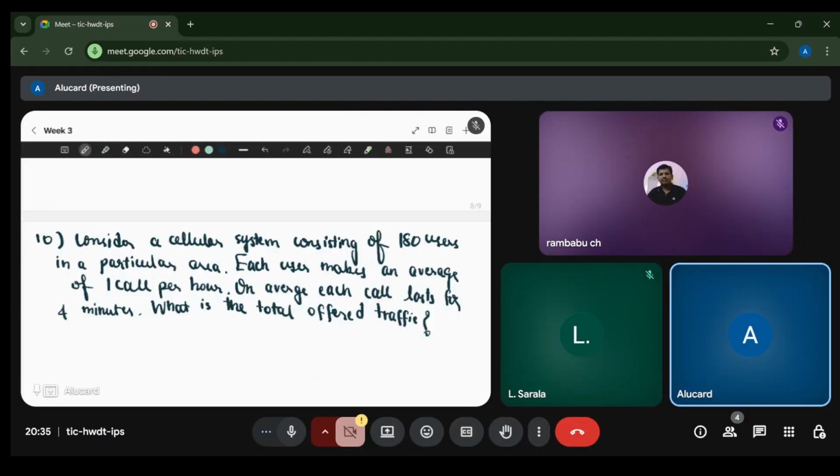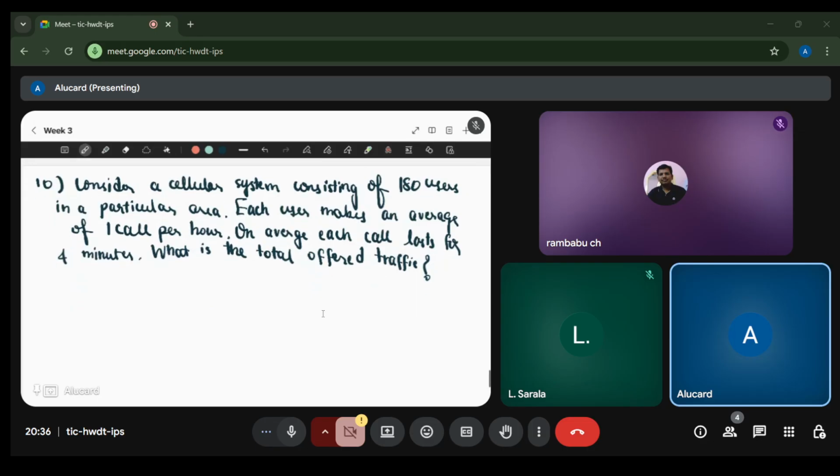Okay, you are solving question 10. Solution is very simple.